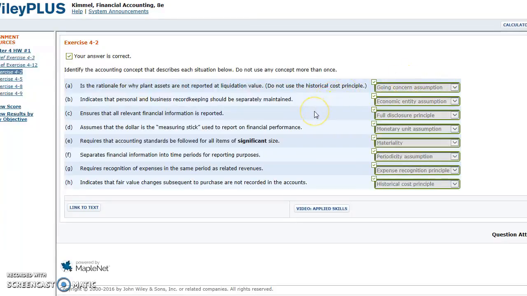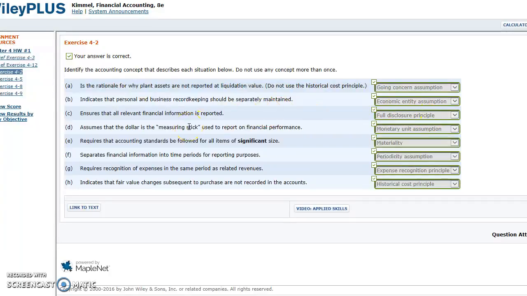The second one indicates that personal and business record keeping should be separately maintained. So for this one, it is the economic entity assumption. For C, ensure that all relevant financial information is reported. So this one is the full disclosure principle.